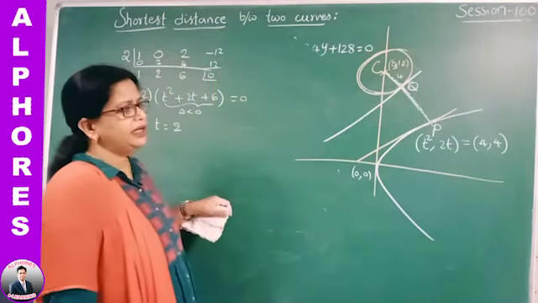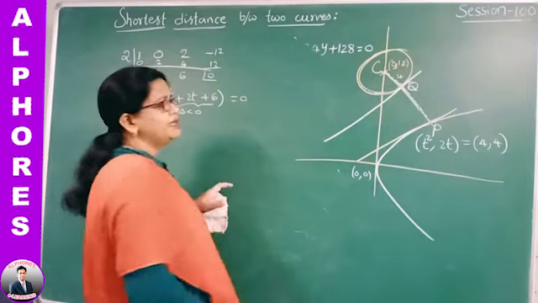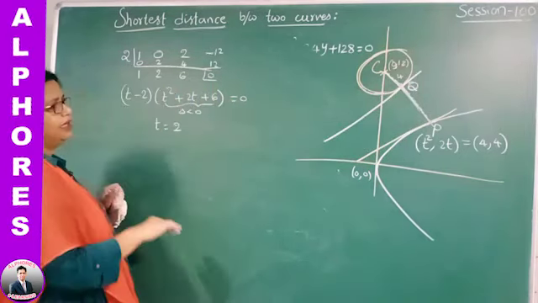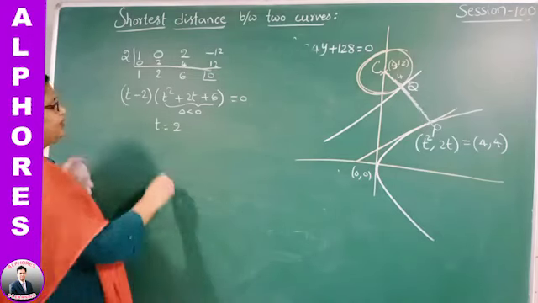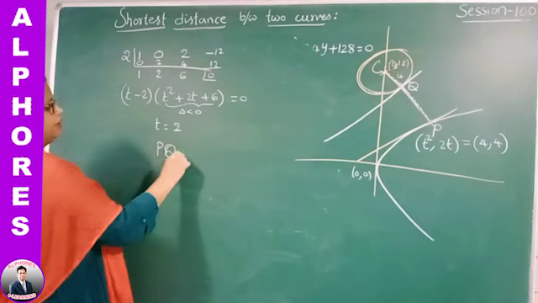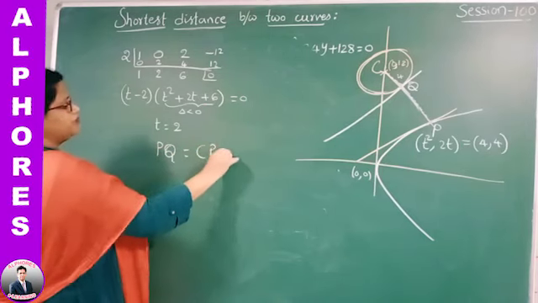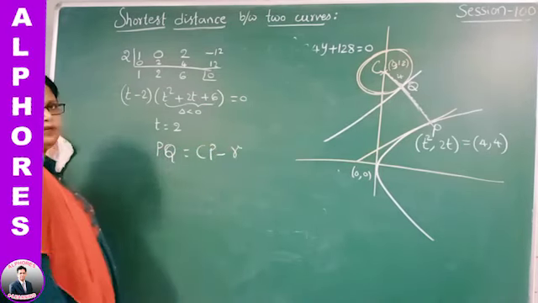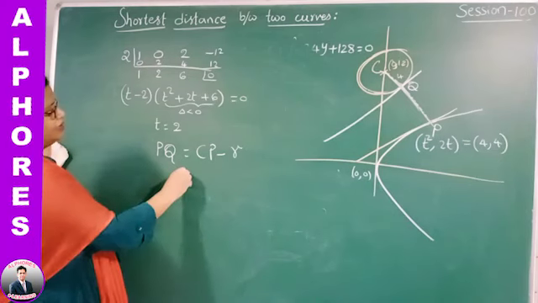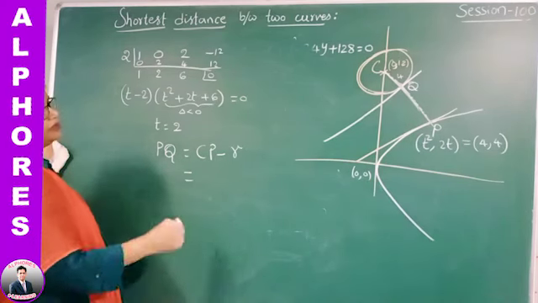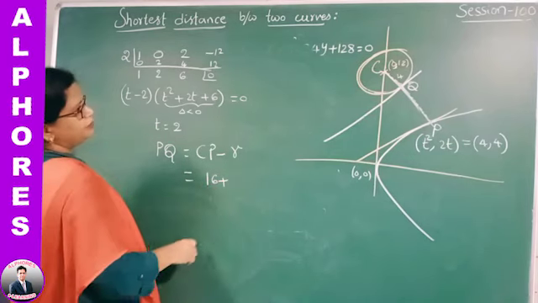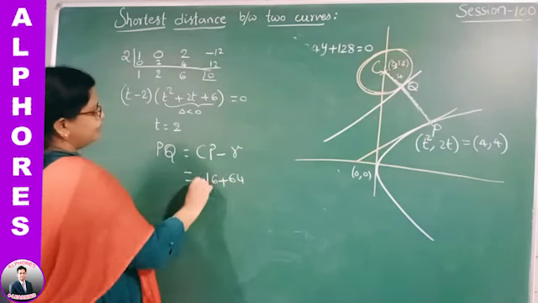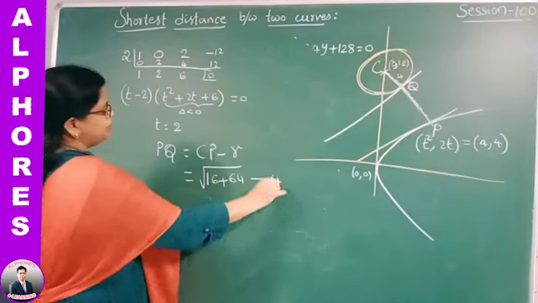But directly, instead of using the same concept again, let's make use of the diagram. PQ from the diagram, how much are you getting? It is equal to CP minus r. Okay, CP minus r you can write, and CP, the distance between the center and this point, is nothing but the square root of 16 plus 12 minus 4, which means 8, therefore root 64, minus r, which is 4.